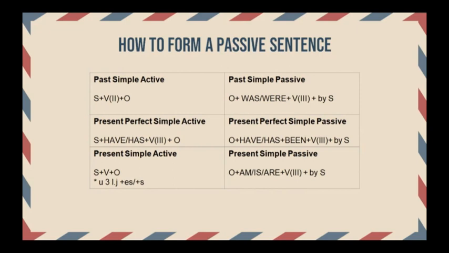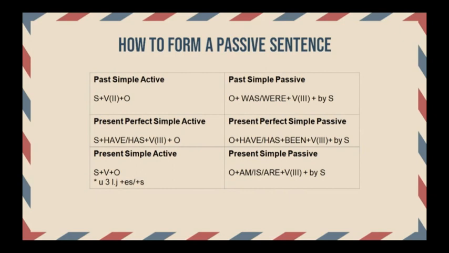Then present perfect simple active, we have subject plus have or has plus the verb in the third column plus object. And present perfect simple passive voice, we have the object first, then have or has, then plus been, then the verb in the third column, and then by subject. So you can see that in active and passive voice the verbs are the same.